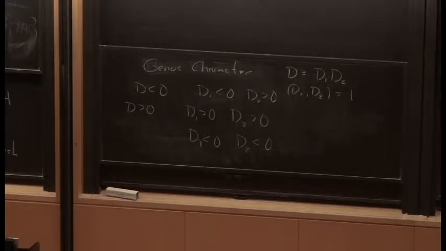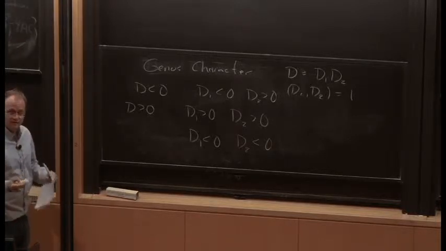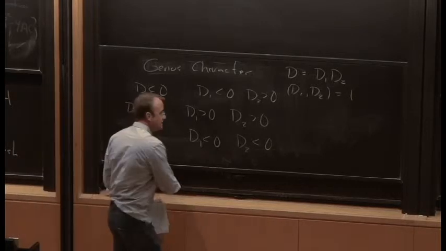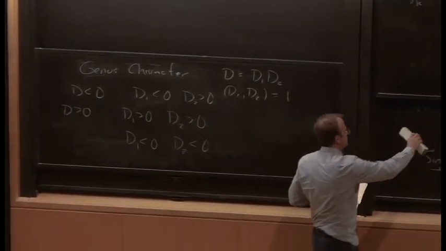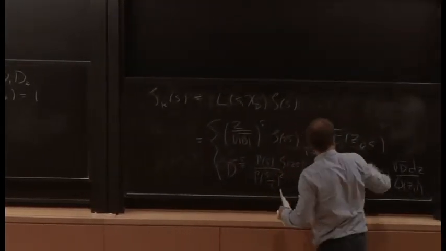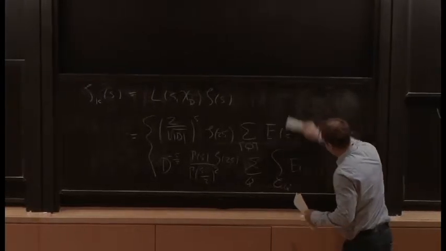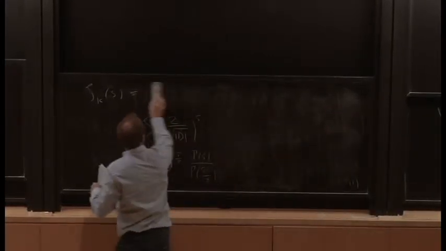They're not equivalent to their negatives in this case, but the genus character is negative on negative ones, so it exactly compensates for that. A lot of the things go through, but the uniform distribution interpretation is different in this case, and it's really very different. Let me give you an indication of what it is.